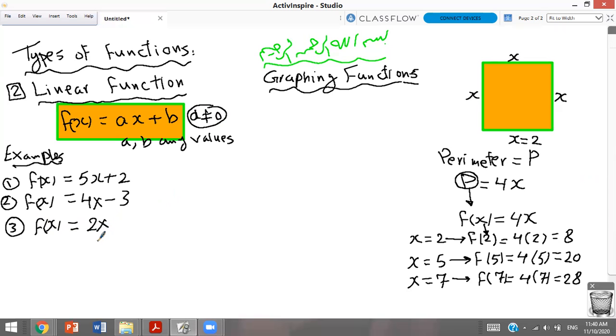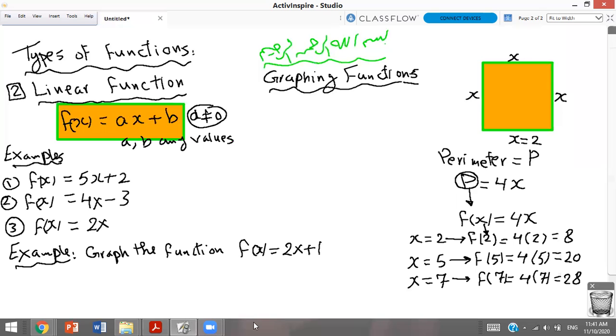Then about our example to graph, if you want to graph like this, graph the function f of x equals 2x plus 1. If you want to graph this function, what can we do?